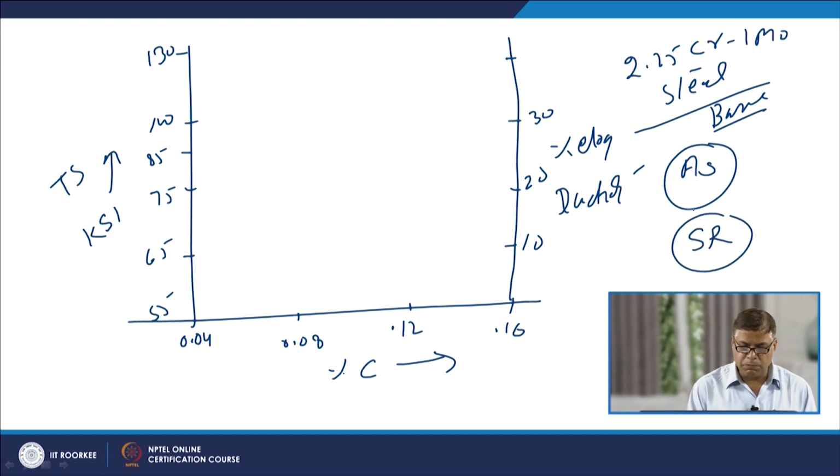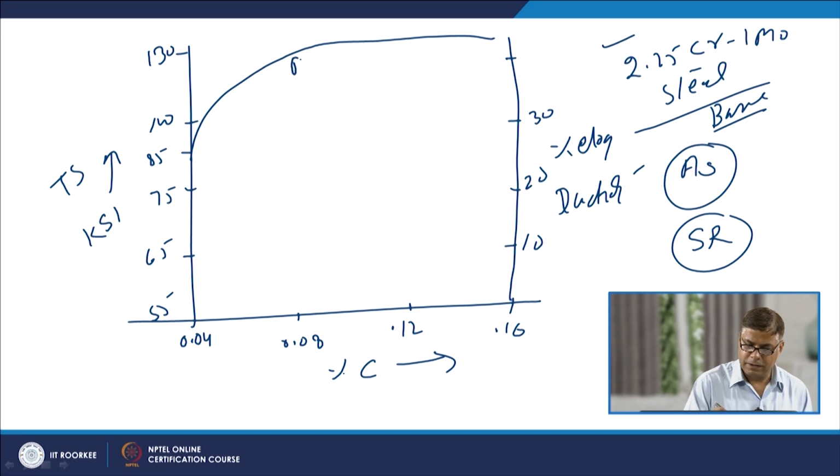So, we will try to see both the variations. In the one case when the weldment of the 2.25 chromium and 1 molybdenum steel is tested, the property variation is like this. So, here is the tensile strength of the weldment as a function of the carbon content; this is the weld metal property.